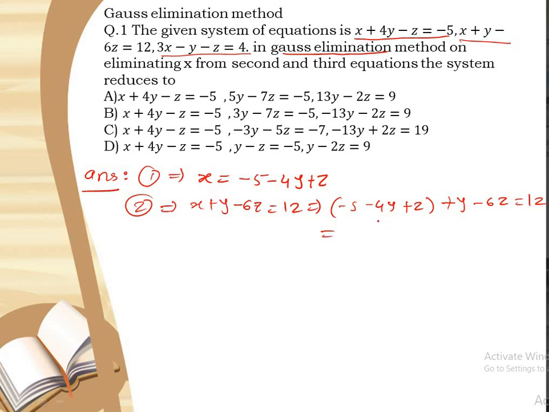And if we simplify this, we get minus 4y plus y, that is minus 3y, z minus 6z is minus 5z, and that minus 5 we have to shift there, so it becomes plus 5, 12 plus 5 is 17. Okay, so this is our second equation.